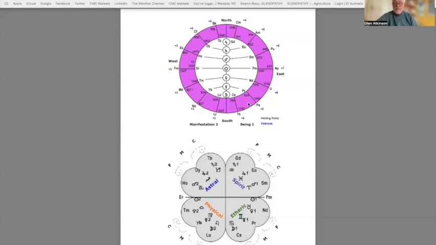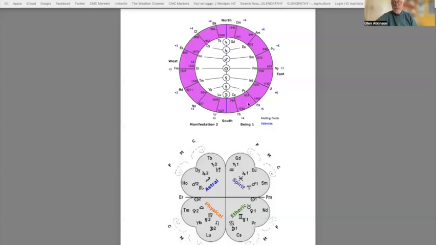And at the same time, we can, in the bottom picture, extend those references to the zodiac and the energetic bodies that are related to these different quadrants.